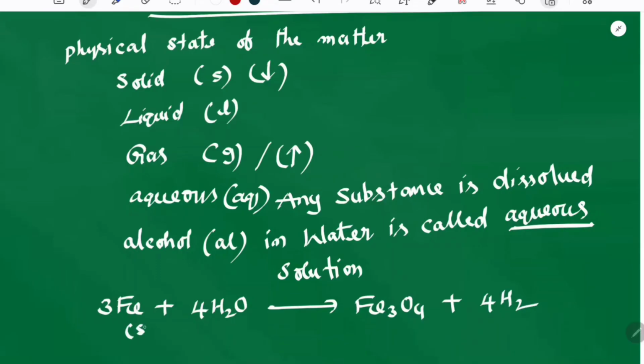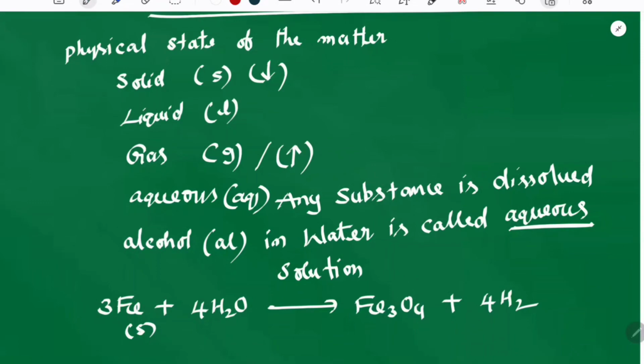So iron is solid, no? That's why you can keep small s. And water is a liquid. Generally we think liquid, but in this case it's not a liquid. Already it came in 8th class: it is vaporized.